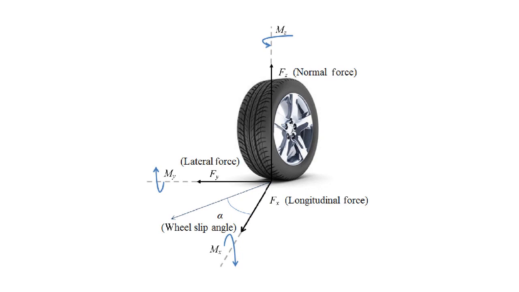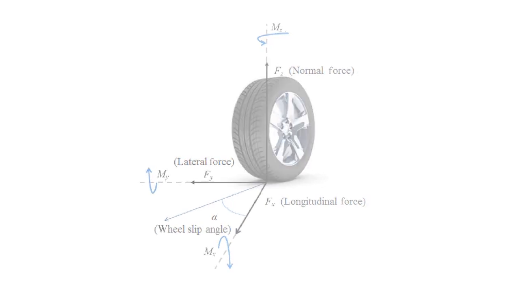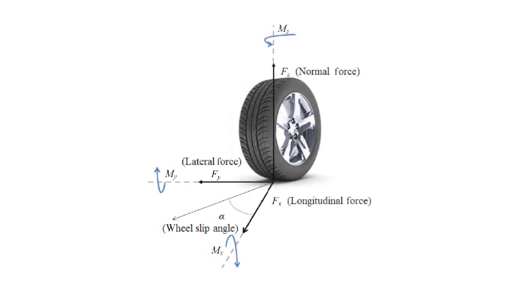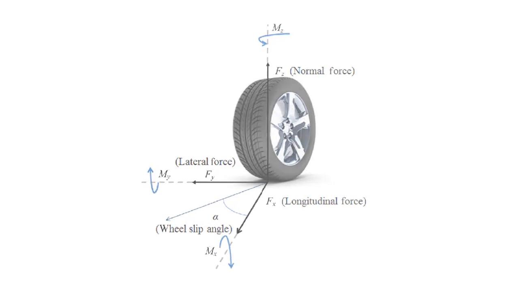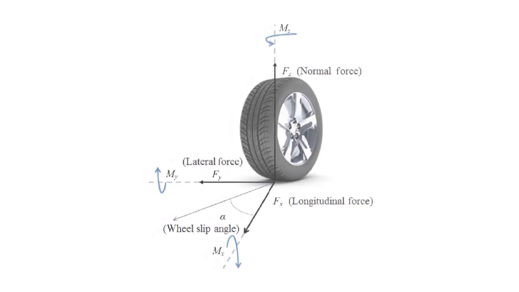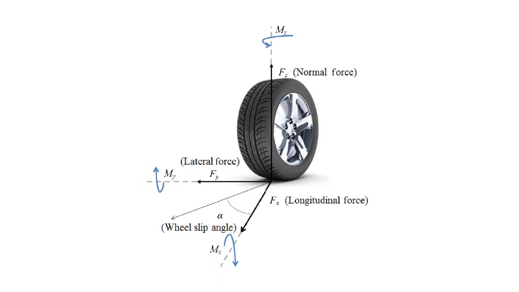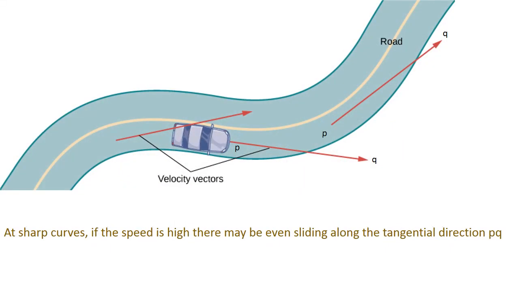Turning along a horizontal curve is affected by the lateral friction developed between the front wheels and the pavement. In this figure, a car is traveling along a road.